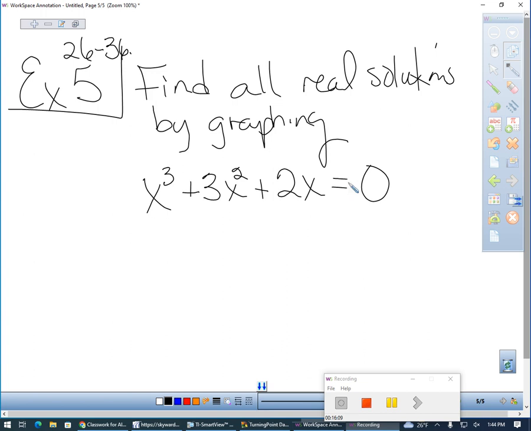Please push graph. It crosses the x-axis how many times? 3 times. You need to find what those 3 answers are.